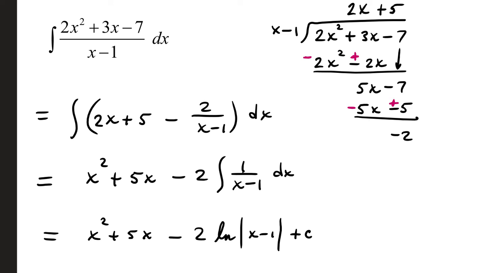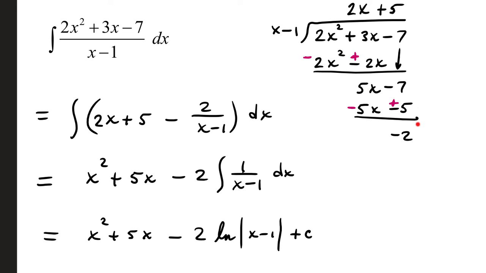Then you start the process all over again. First term underneath divided by first term outside. 5x divided by 1x is 5. 5 times the divisor is 5x minus 5. Reverse the signs of your terms. Combine your like terms vertically. 5x minus 5x is 0.